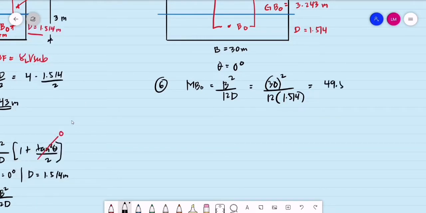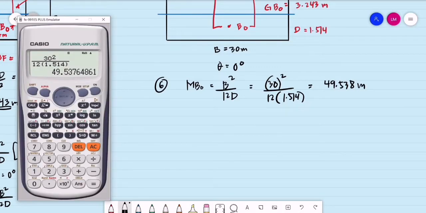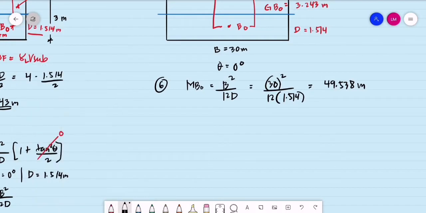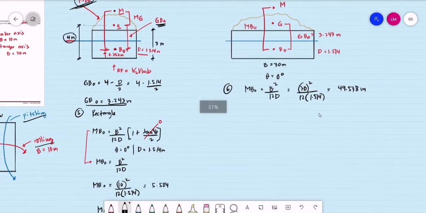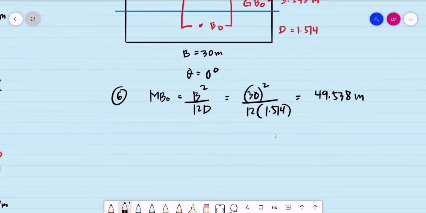Okay, 49.538 meters. So, mas mataas ito, dahil mas maliit kasi yung chance na mangyari yung pitching compare sa rolling. Okay, MB sub O is 49.538 meters.